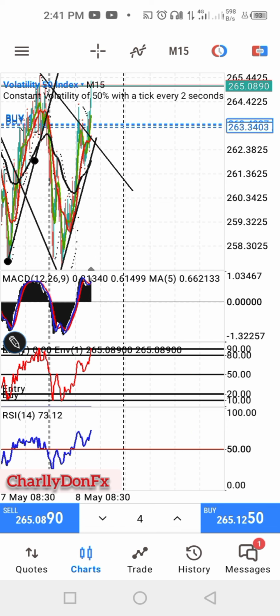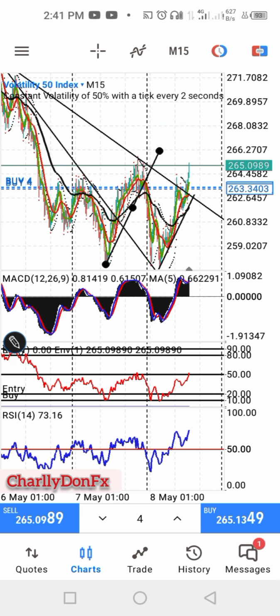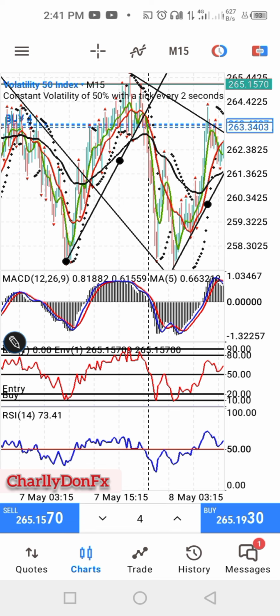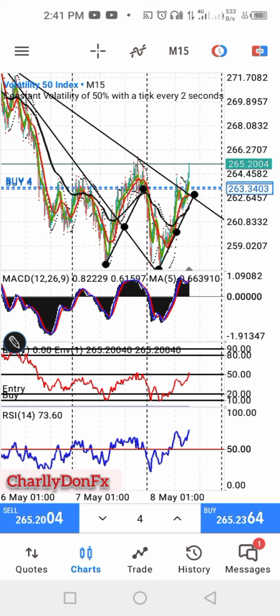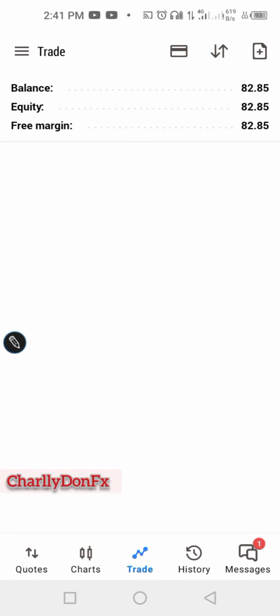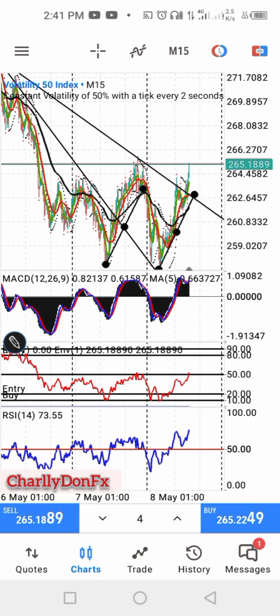Let's continue plotting our trend. Okay, let's take our TP. We'll be closing our positions. So we have taken that. Let's be on the safer side.